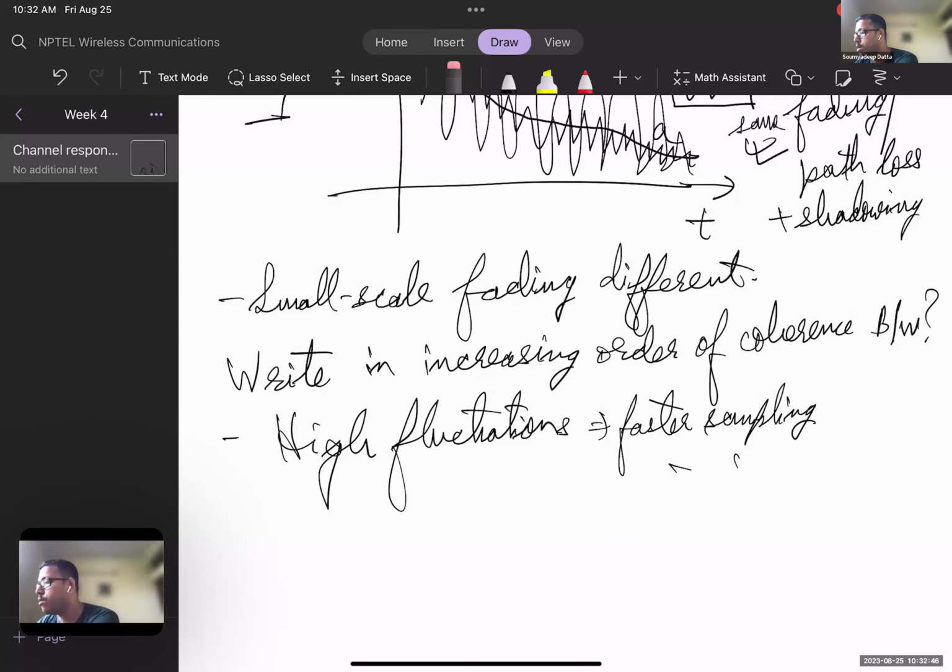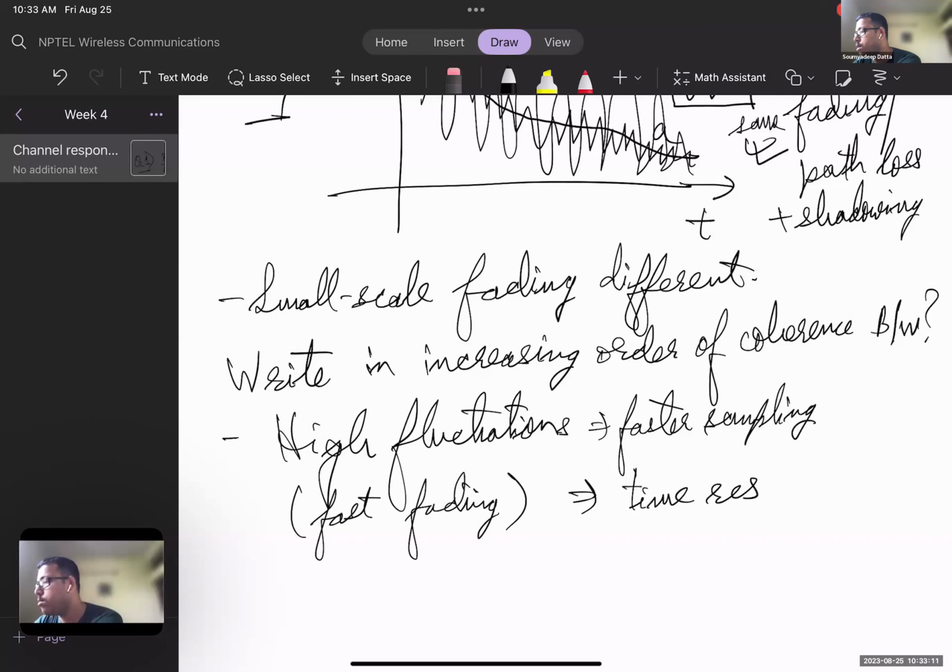This is referred to as fast fading actually. So you will have to sample faster, which means that time resolution is small, right? You really have to sample at smaller intervals of time.